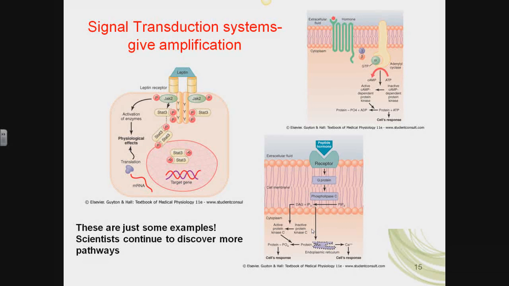For my anatomy students, you just need to know that if a hormone can't get into the cell, can't target the nucleus directly, we need to have a go-between, and that's the second messenger system.